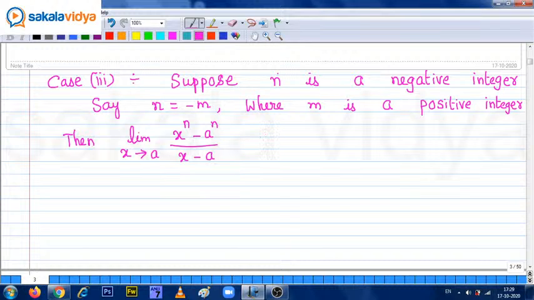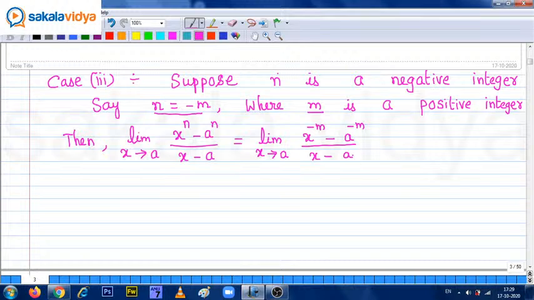Suppose n is a negative integer, say n is equal to minus m, where m is a positive integer. Then consider the limit as x tends to a of (x to the power of n minus a to the power of n) upon (x minus a), which we can write as the limit as x tends to a of (x to the power of minus m minus a to the power of minus m) upon (x minus a).